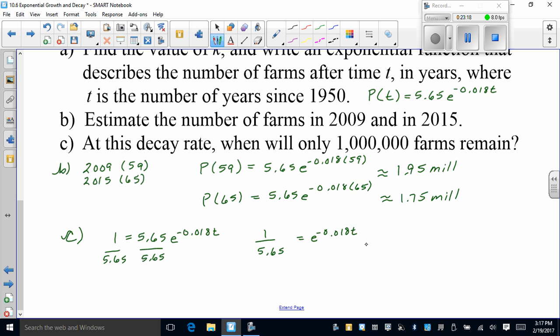So natural log of 1 over 5.65 equals negative 0.018 t divided by negative 0.018.